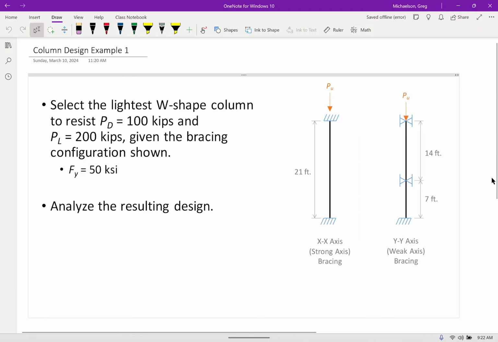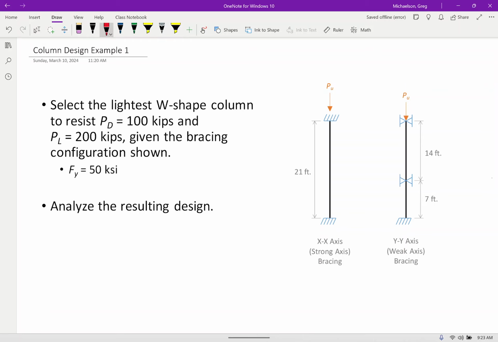Okay. We're going to select the lightest W-shaped column that we can find to resist a dead load of 100 kips and a live load of 200 kips. And the bracing is going to correspond to what we see right here. Okay? So I am going to help you out with a couple things.